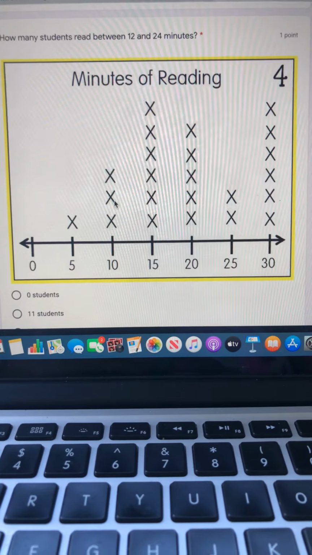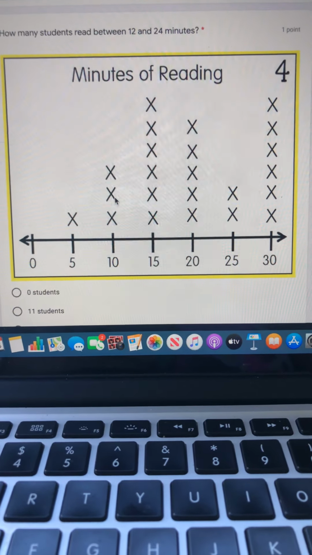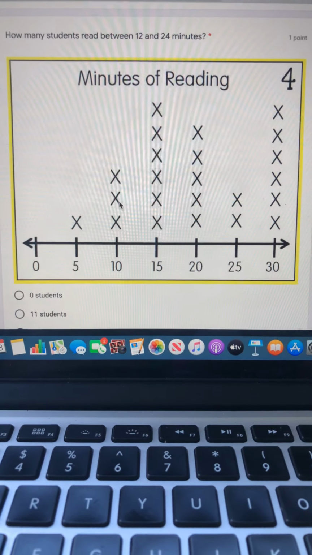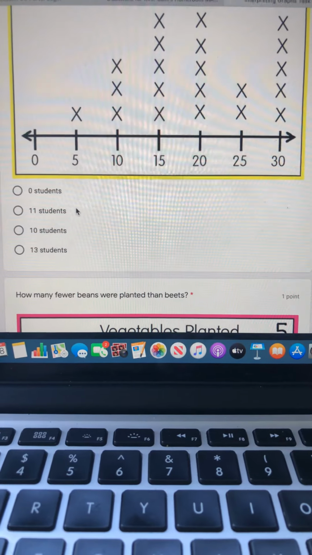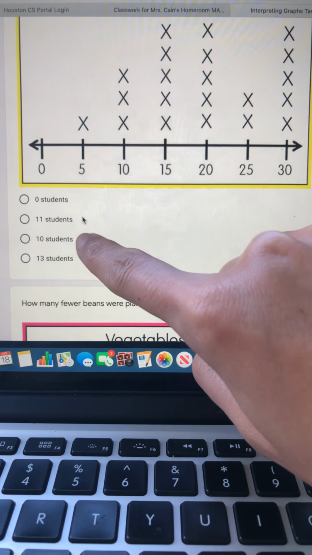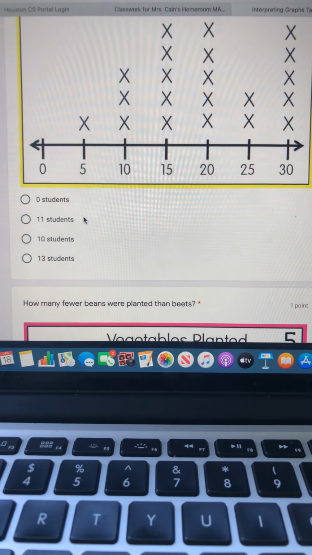Then you would count the X's in between those 2 points. Would that be 0 students, 11 students, 10 students, or 13 students?